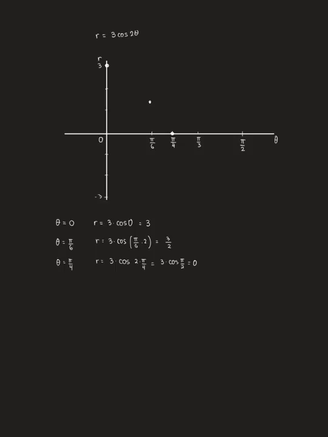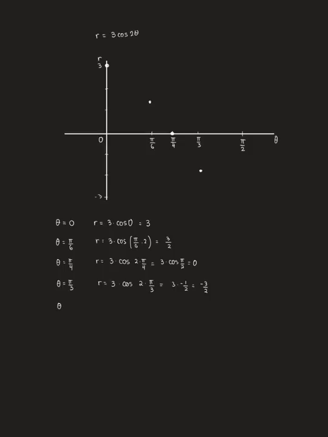Okay, then theta equals pi over 3. We've got r equals 3 times the cosine of 2 times pi over 3, or 2 pi over 3. That's going to give us a negative cosine, so this will be 3 times negative 1/2, or negative 3/2. And so at pi over 3, we are down here.